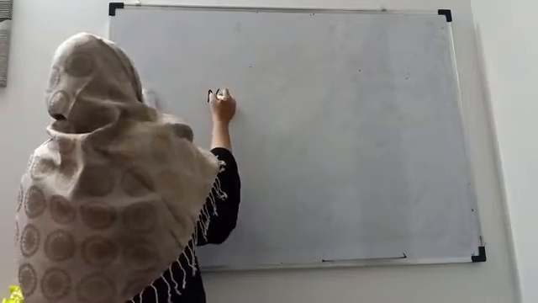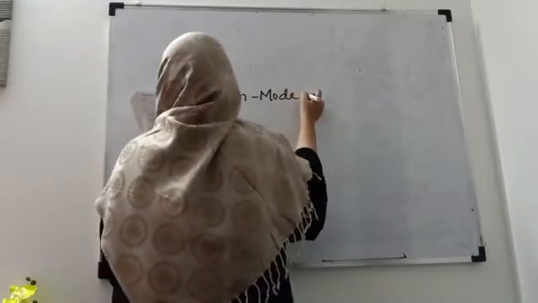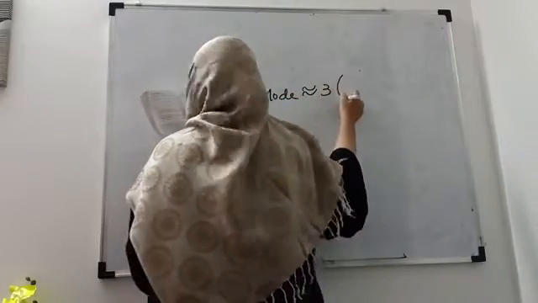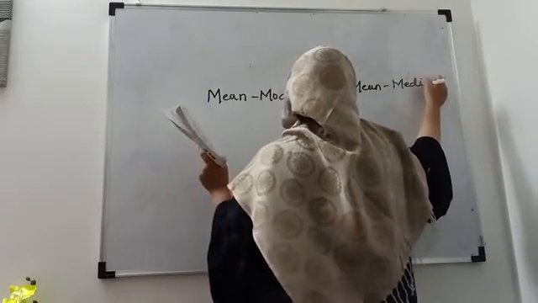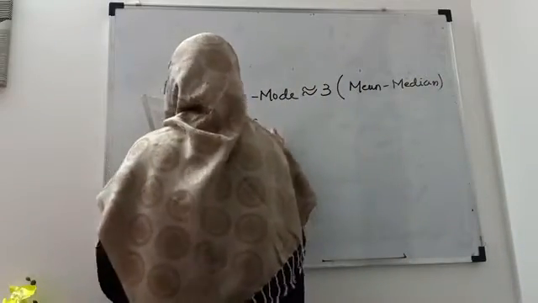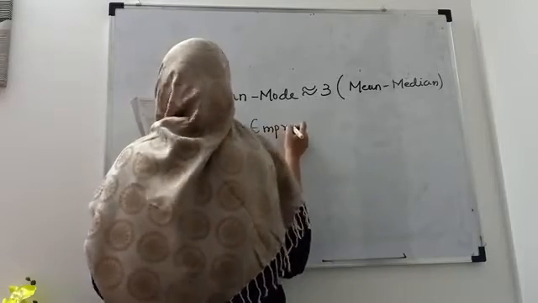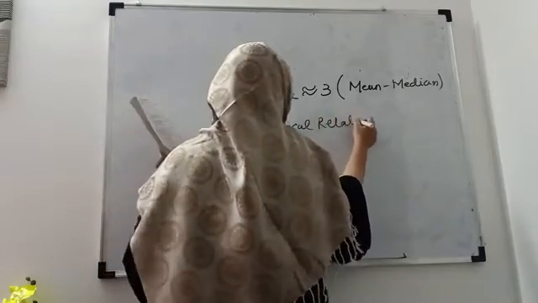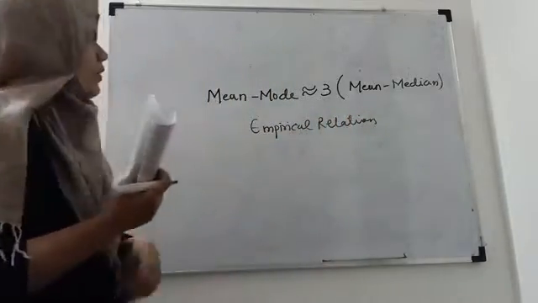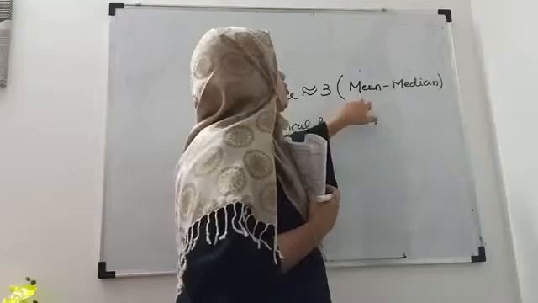That empirical relation is given by mean minus mode is approximately equal to 3 times mean minus median. This is called the empirical relation.